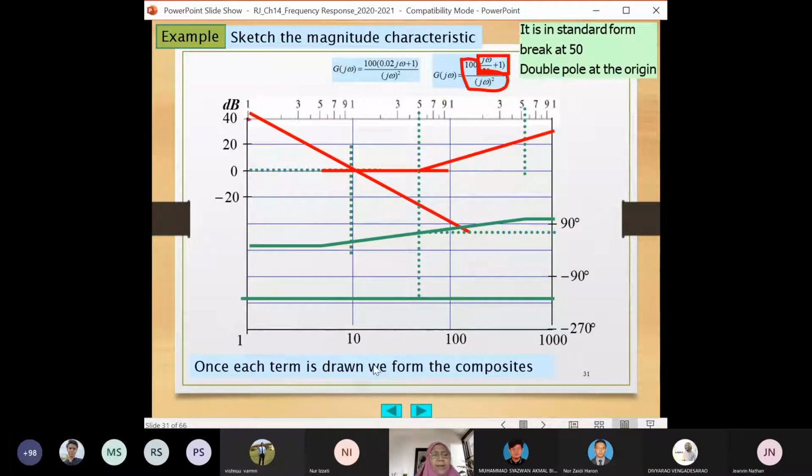Once each term is drawn, we then form the composite. Composite means the combination of the partial parts of the phase and magnitude plots.